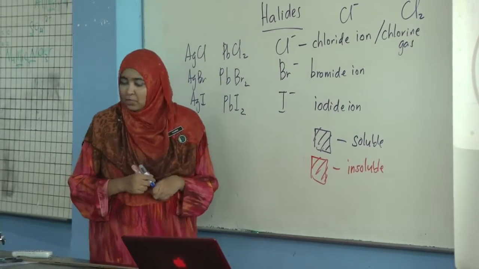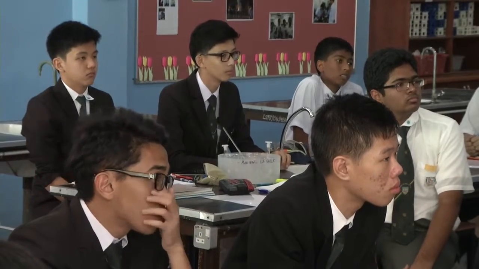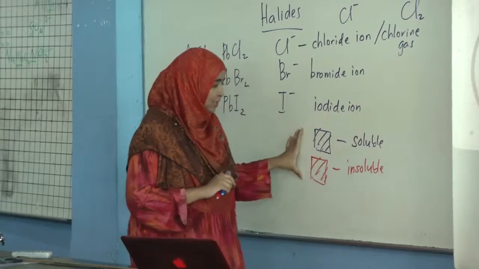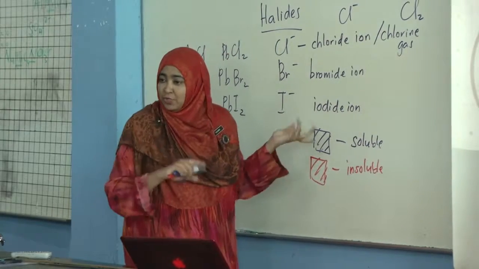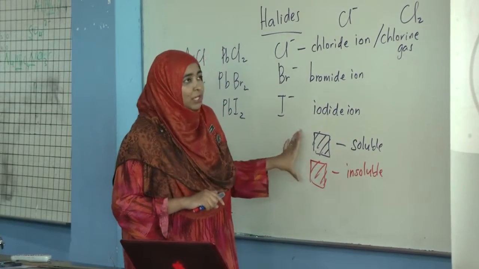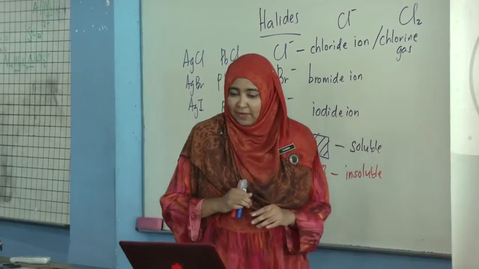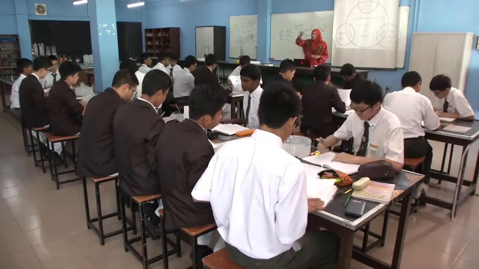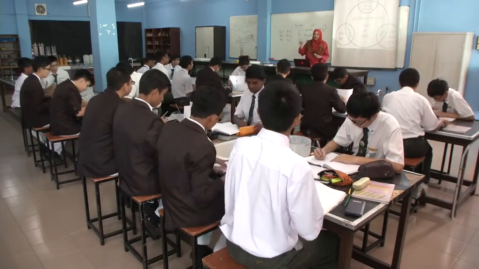Clear? So that next time when you reread this, if you don't put this label, then how would you recognize which one is soluble and which one is insoluble? You can't. So draw now. Can I give you 5 minutes to settle it? Okay, just draw freehand. It doesn't have to be a perfect circle.